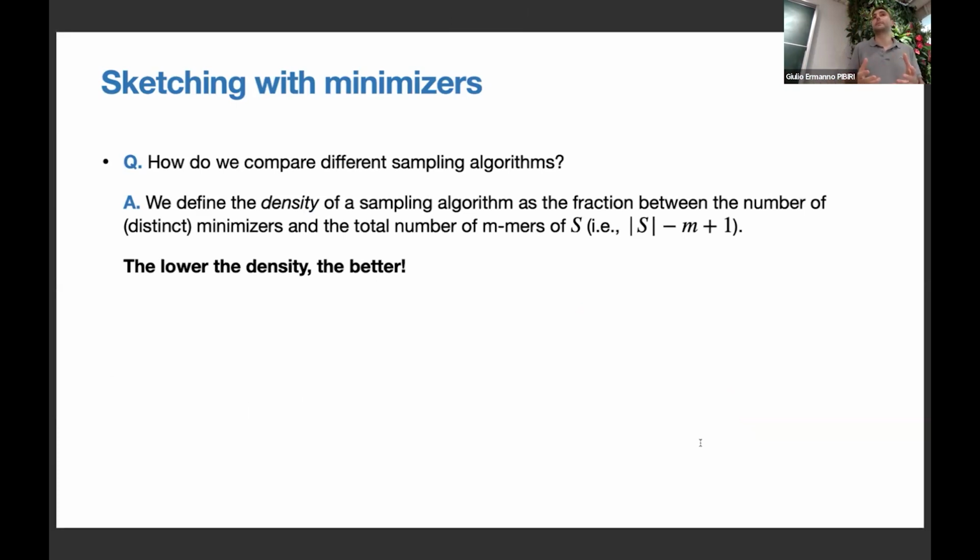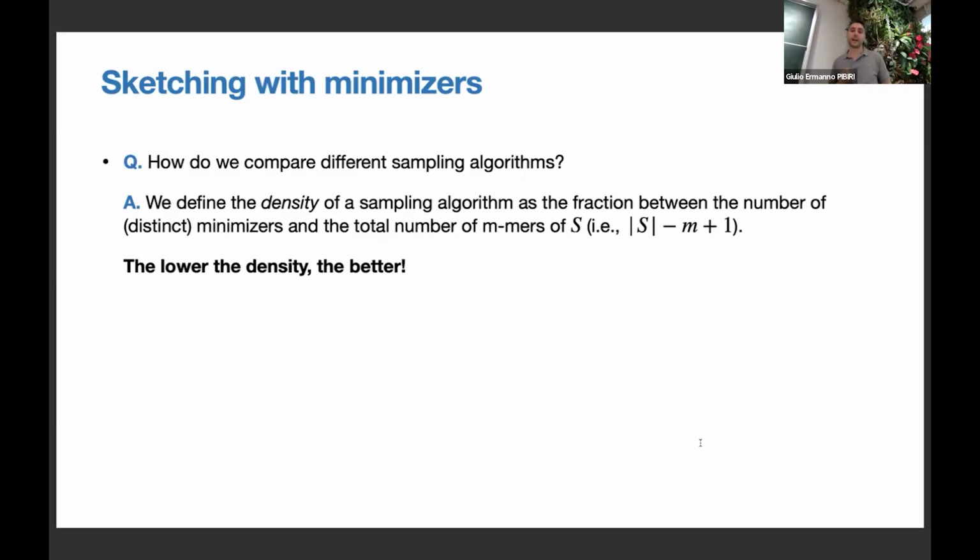We need a performance metric. We need a metric to say, look, this scheme is better than this other scheme. And from my example, I guess it's pretty clear that I would like to have the scheme which selects as few distinct minimizers as possible.